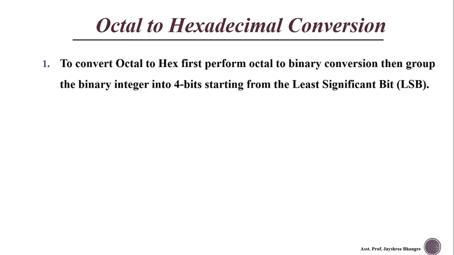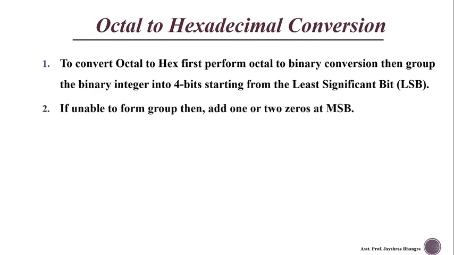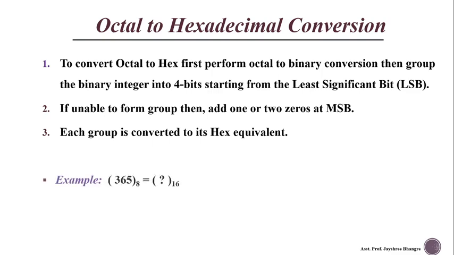We convert the octal number into binary and then group the bits into 4-bit groups starting from the LSB and moving towards the left-hand side. If we are unable to form a group, we can add 1 or 2 zeros at the MSB, and then we convert each 4-bit group into its hex equivalent.